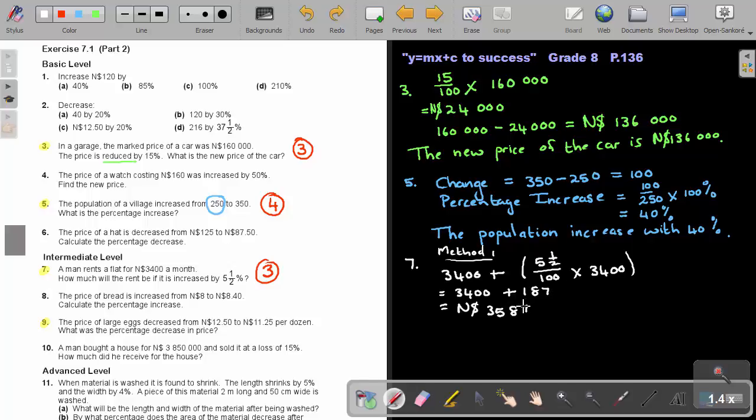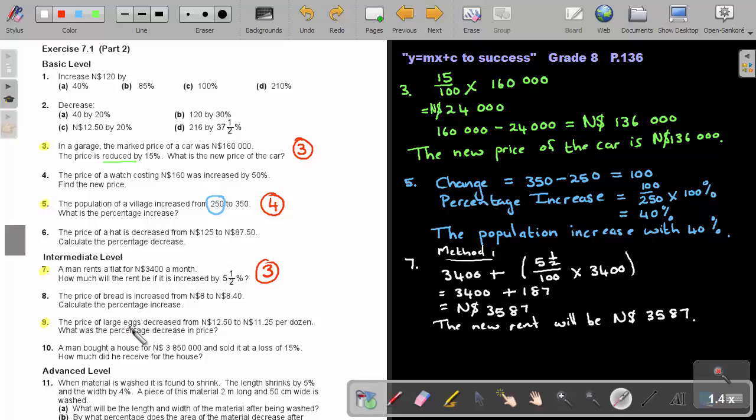Again, it's a practical sum, so we say the new rent will be 3,587 Namibian dollar.